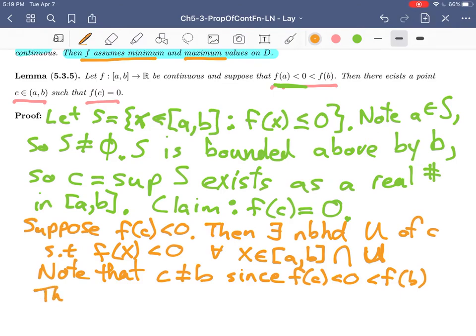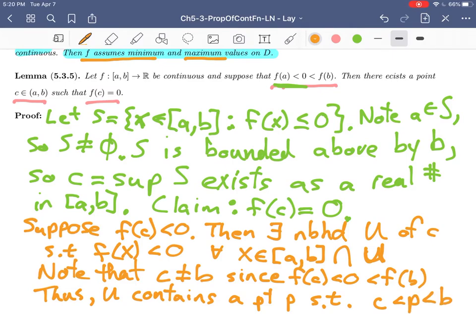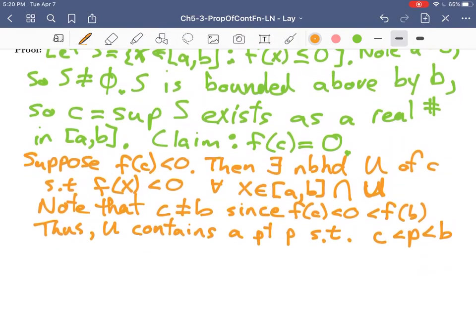Thus, U contains a point p such that c is less than p is less than b.